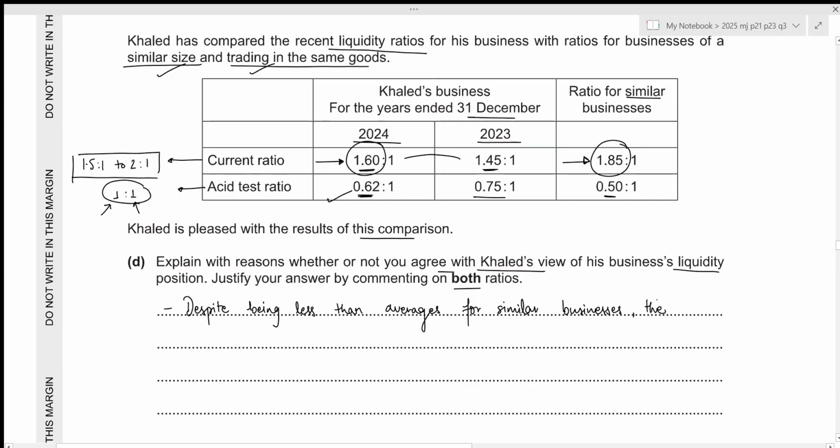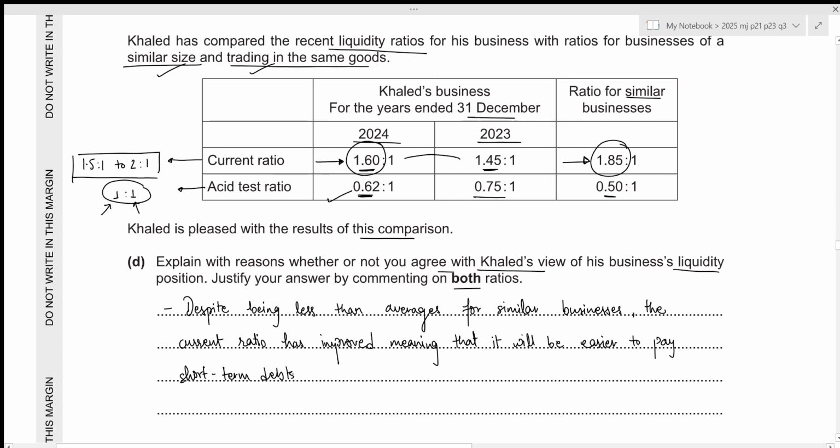The current ratio has improved, meaning that it will be easier to pay short-term debts.